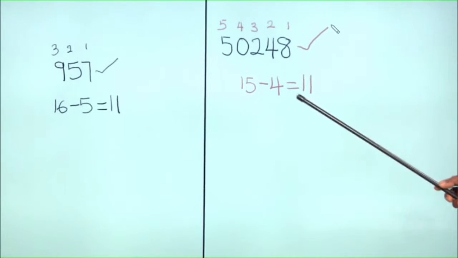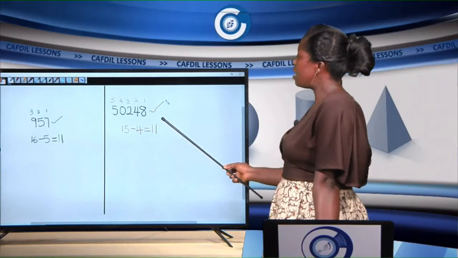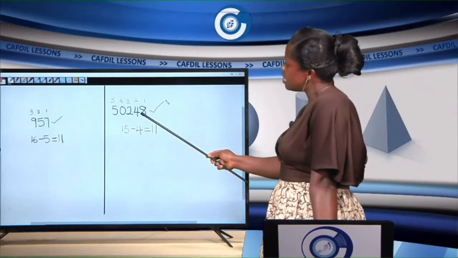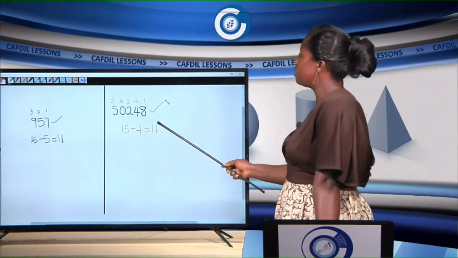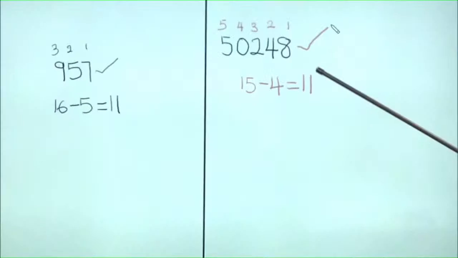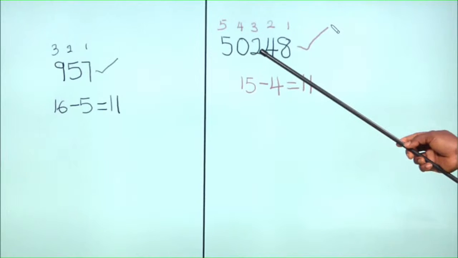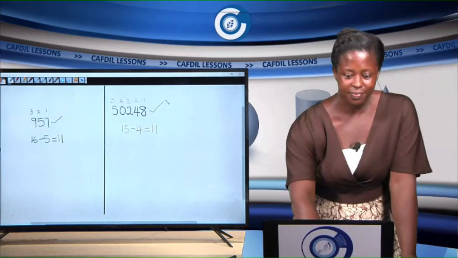If the result is 0 or a number divisible by 11, then that number is divisible by 11. So this time we had 11, and we know 11 is divisible by 11.